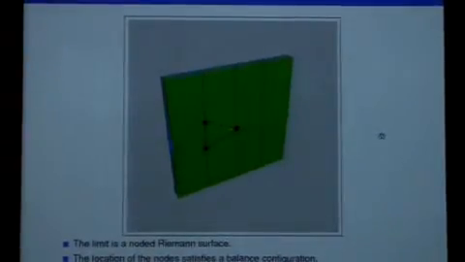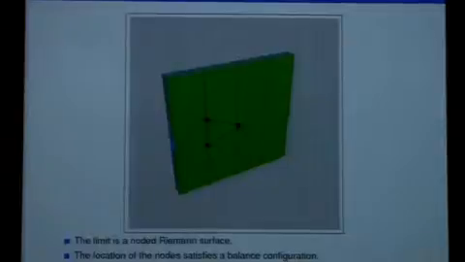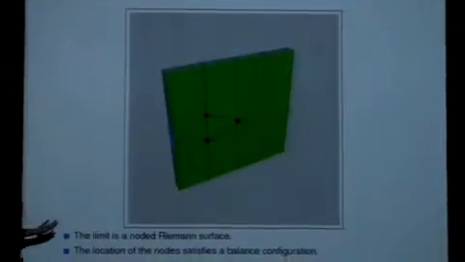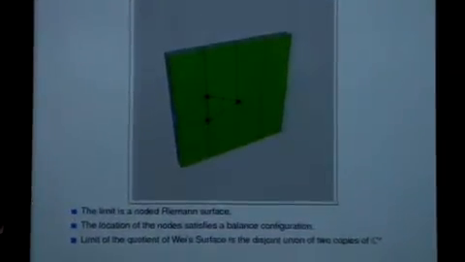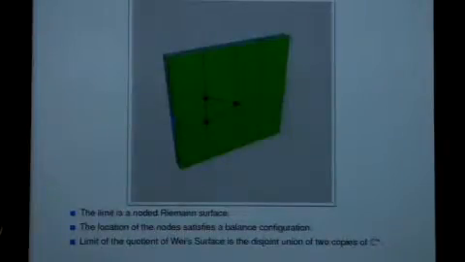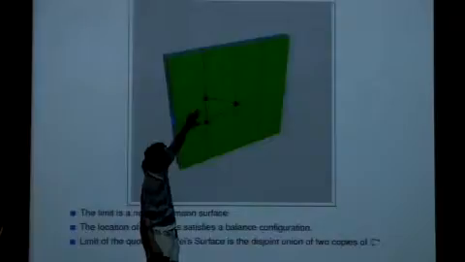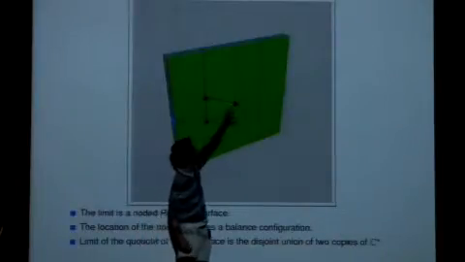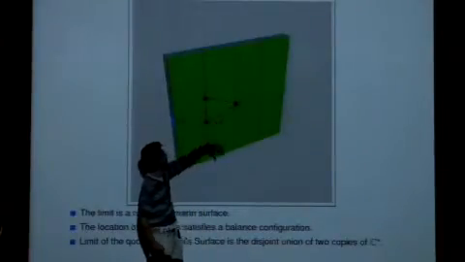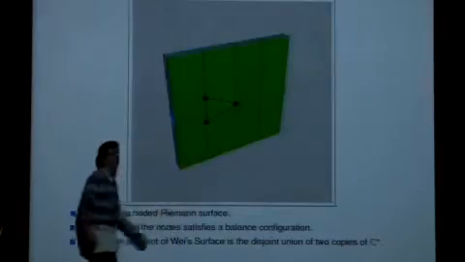So the limit surface would just be what we call a noded Riemann surface. And the location of the nodes, it turned out, satisfies a particular balance configuration or balance equation. In this setup, where I have the two necks that were coming out, a larger neck coming out this way, they formed an isosceles triangle.